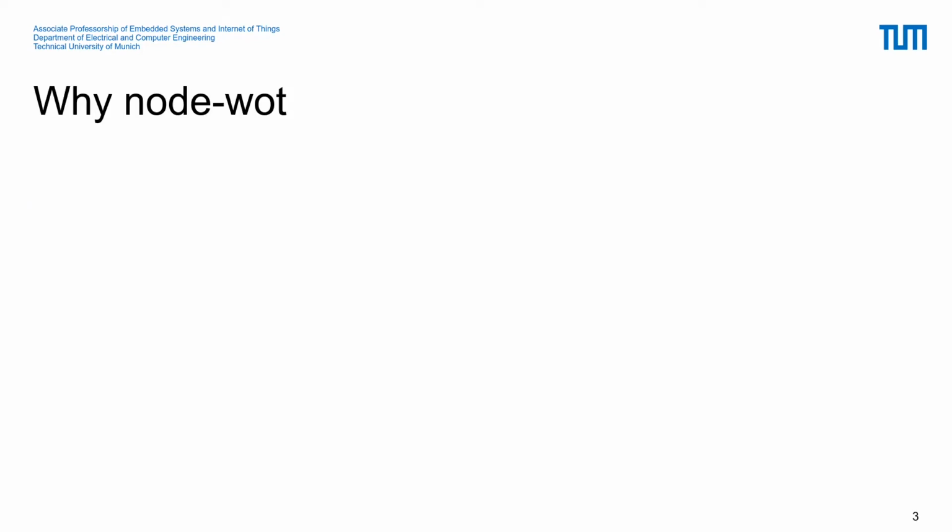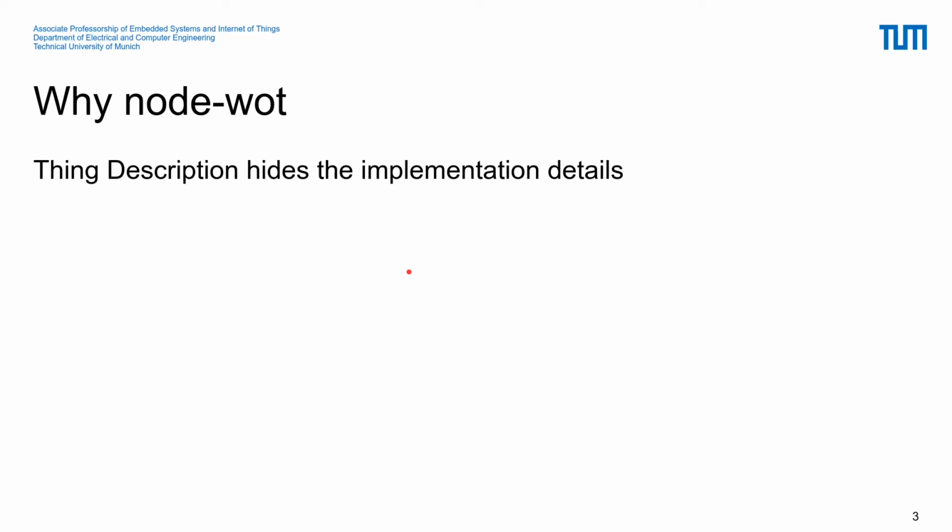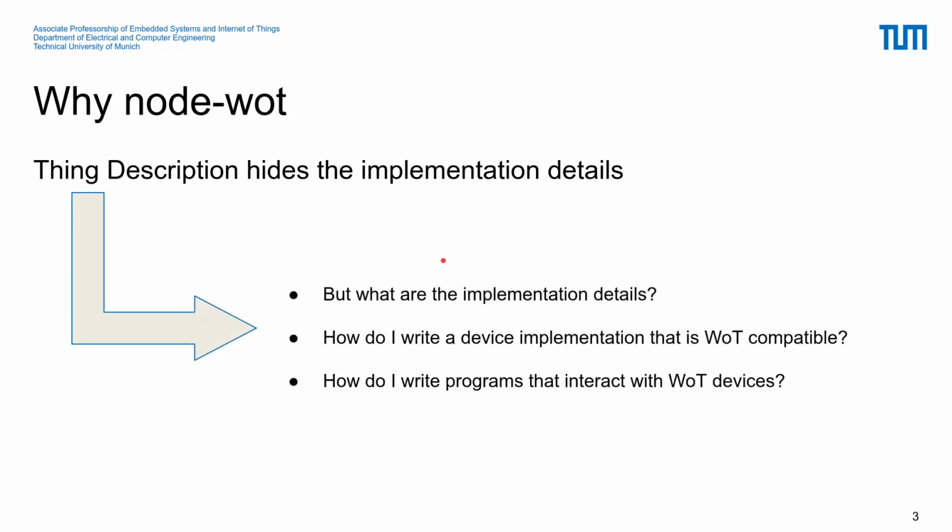So let's start with why node.wot. In Web of Things, the thing description hides the implementation details, and that is its goal. But sometimes we get asked, what are actually the implementation details?